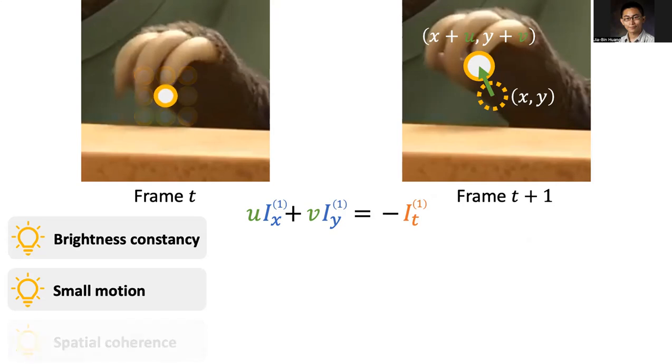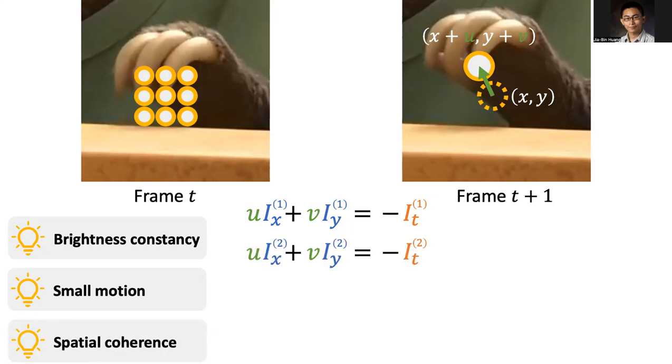What it means is that initially I only have one equation and two unknowns, so I couldn't really solve it. So maybe I look at a 3x3 patch. For the pixel on the top left, I also have the Ix, Iy, and minus It, but I assume that they share the same u and v, the same motion.